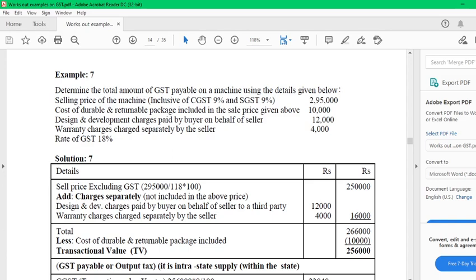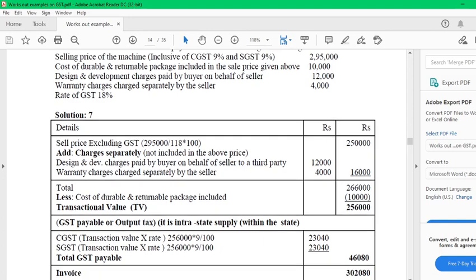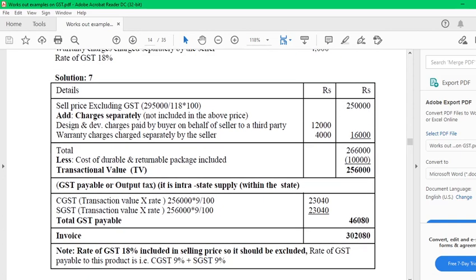Therefore, 16,000, 2,66,000. Then the cost which is included should be excluded. That 10,000 should be excluded. It comes to 2,56,000 transaction value. For that transaction value, goods movement is within the state, CGST and SGST will be applicable.